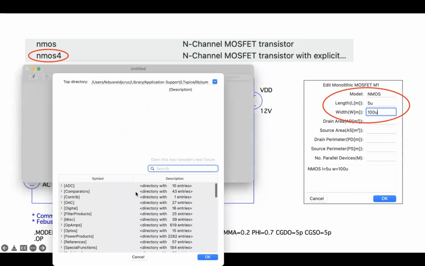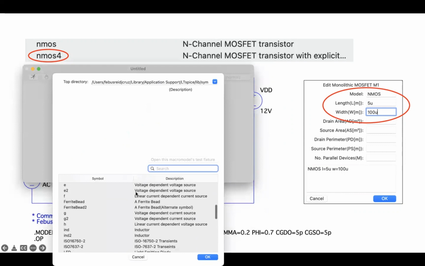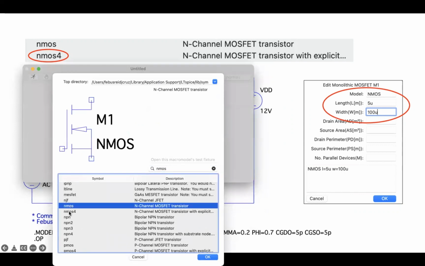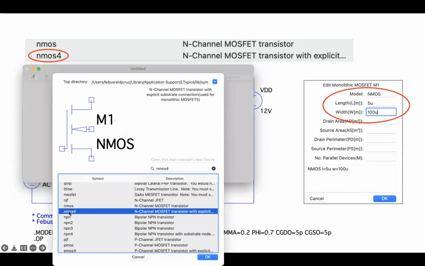So in the components, you have the NMOS, and then we have here the NMOS 4. So the NMOS 4 allows the settings of the transistor sizes. You can adjust, you can set the length, you can set the width, and other sizes. All right?